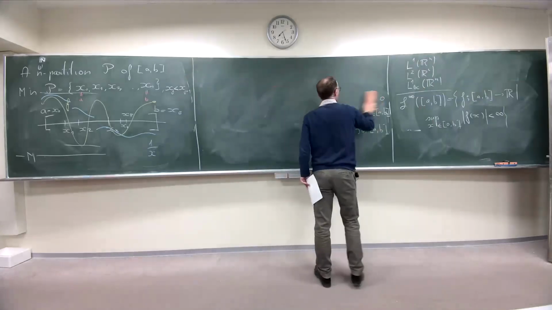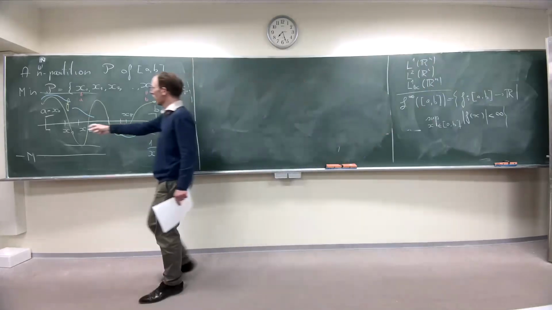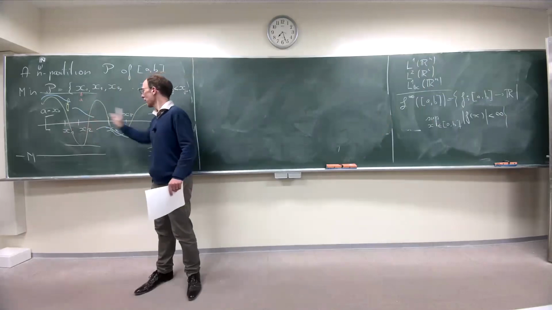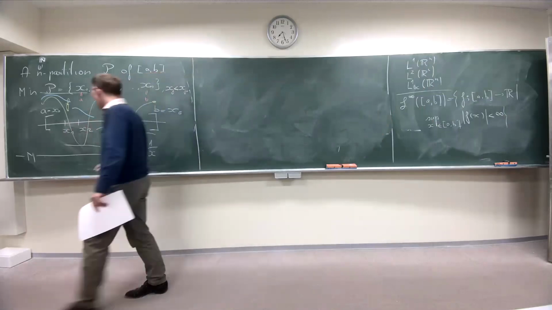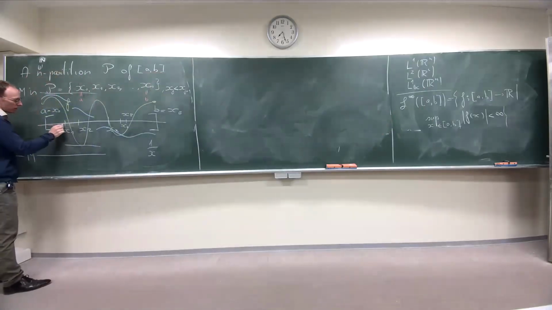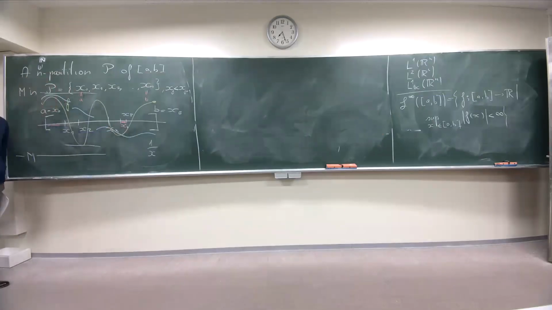So now we have two ingredients. We have an interval with a partition. I divided this interval into n pieces. By the way, these n pieces, I'm not asking that they are of the same length. Some can be longer, some can be shorter. That's okay. I don't impose any regularity.